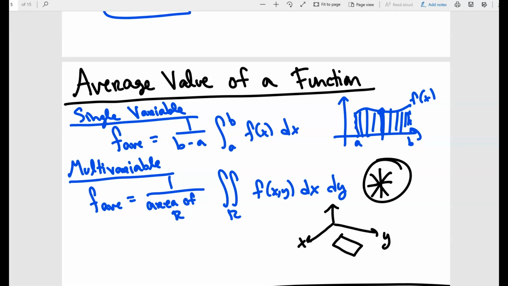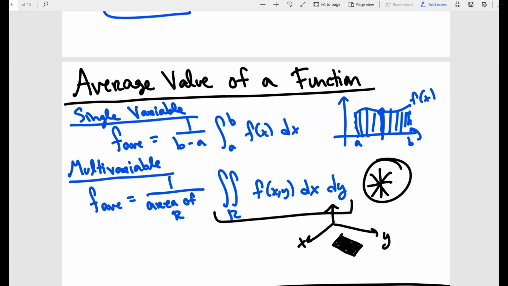If it's a rectangle, it'll be really easy to figure out: it's just length times width. If it's a triangle, it'll be 1/2 base times height. The majority of the time, it's going to be a rectangle, so it'll be easy to figure out this area. All we really have to figure out is this double integral, which we just did in the previous video. If you still need a little more help with double integrals, you can watch the other video.